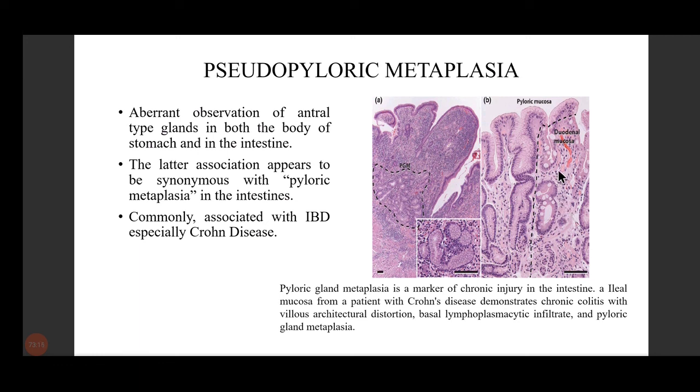You are seeing pyloric mucosa in the duodenal mucosa. These are antral type glands which you are seeing in the intestinal mucosa. So that is pseudopyloric or pyloric metaplasia.